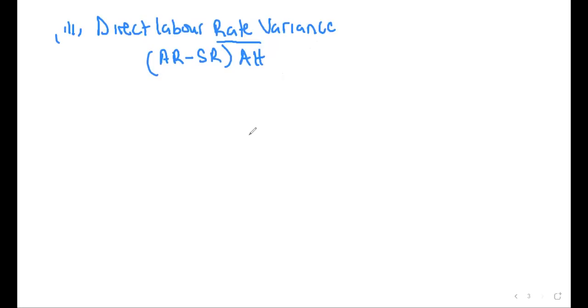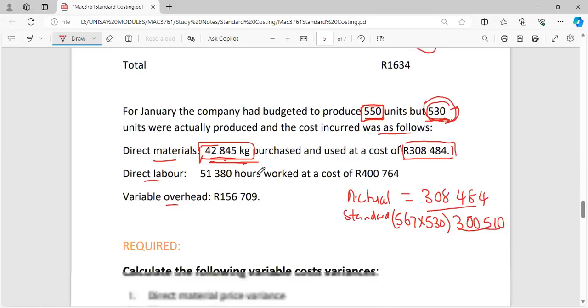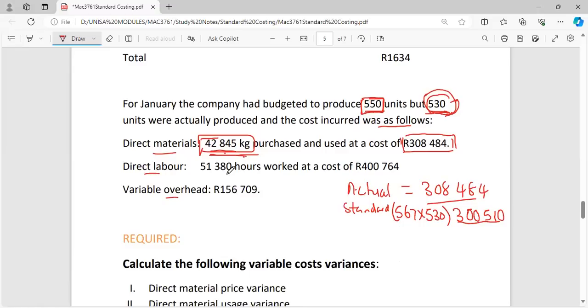The next thing that we need now is to go and look at these figures from the question. What is the actual rate from the question? Let's just go to the question. Direct labor, so this is the standard rate.